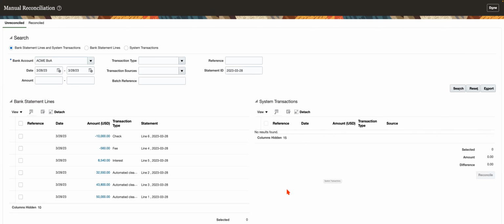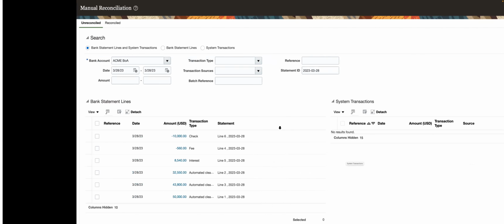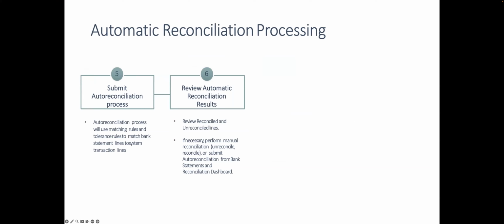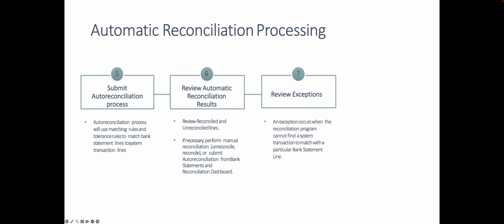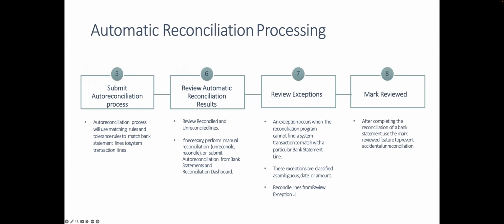We just need to create accounting and look at why this hasn't happened. Maybe our receipt accounting setup is not quite right for our clearing account, who knows, but that's something you may need to look at. Then you view and review the exceptions, which we saw, and reconcile the exceptions as well. Once you've done that, you mark it as reviewed.